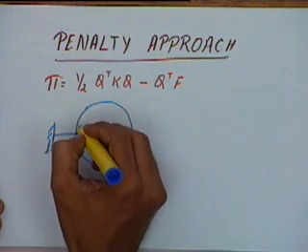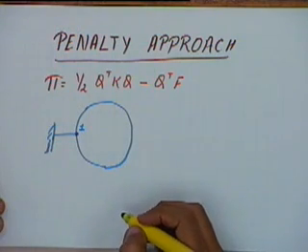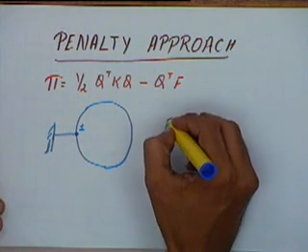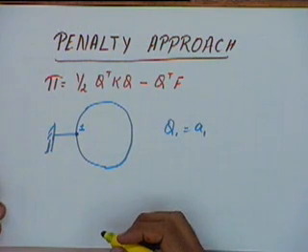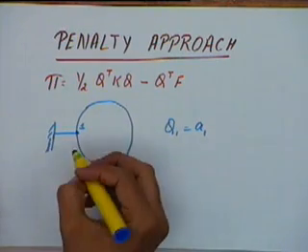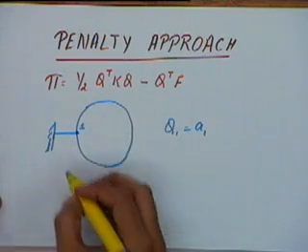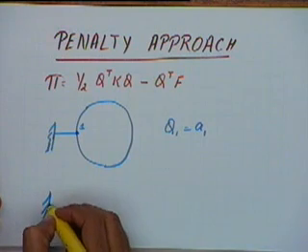Let us say this is node number 1, and again we will consider the constraint that Q1 is equal to A1. So what we will do is we will approximate this body by a body like this.